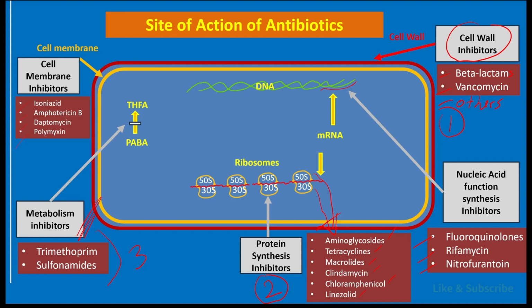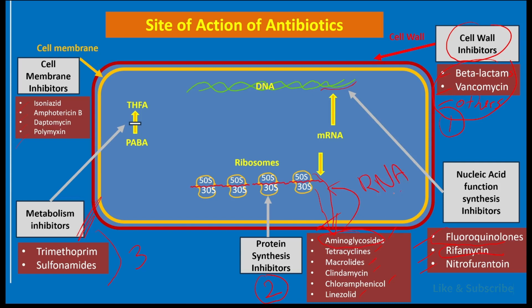From this slide, we need to remember which medication belongs to which group. For example, beta-lactam inhibits the cell wall. Fluoroquinolones inhibit nucleic acid. Rifampin inhibits nucleic acid. Aminoglycoside works on the RNA protein.